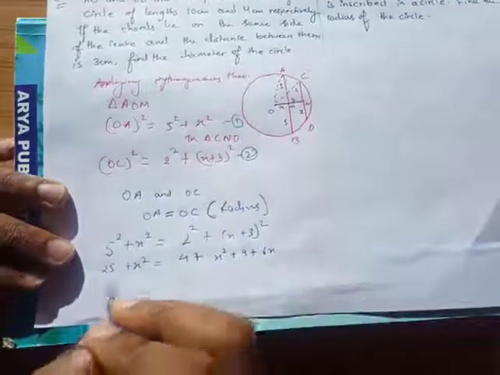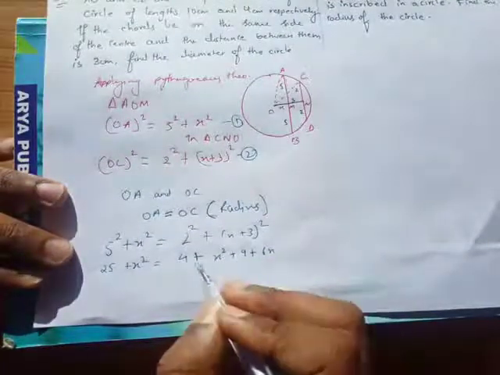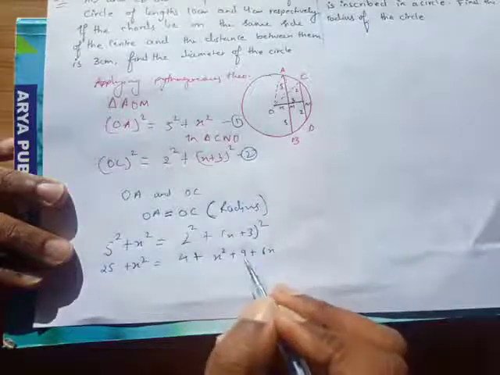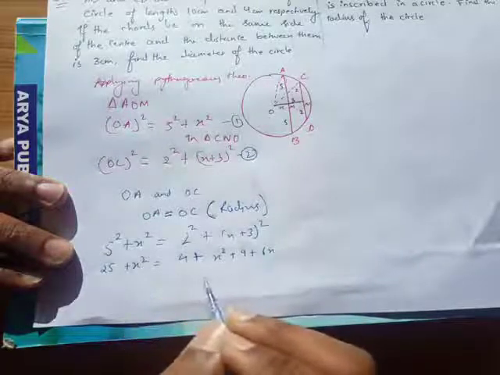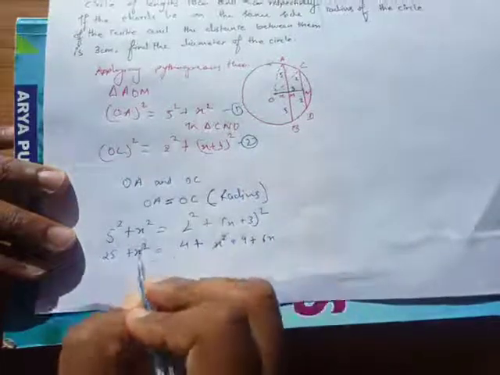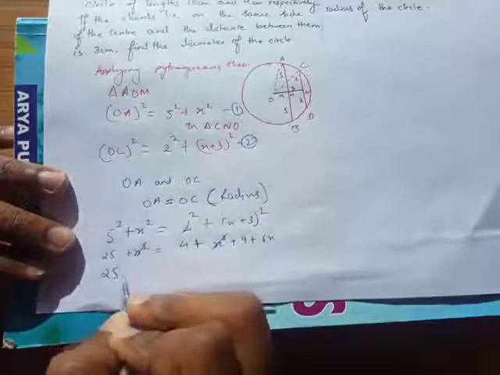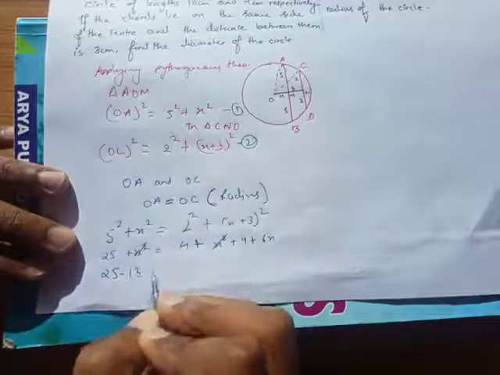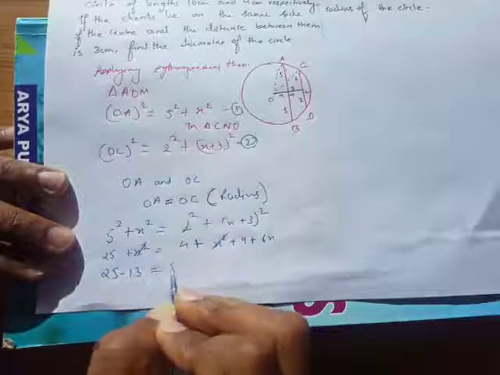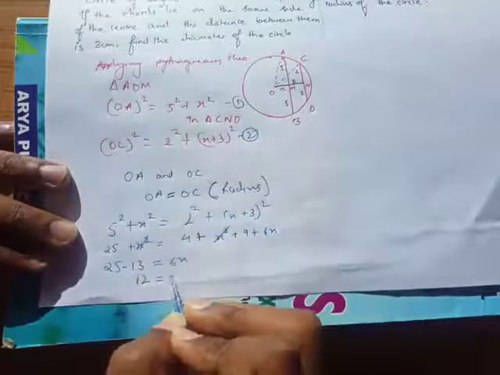Is that okay? Now I can add them: this is going to be 4, this is going to be 9, and 4 plus 9 is 13. So the x squared will be cancelled out, and 25 minus 13 equals 6x. When I subtract, it's going to be 12 equals 6x.